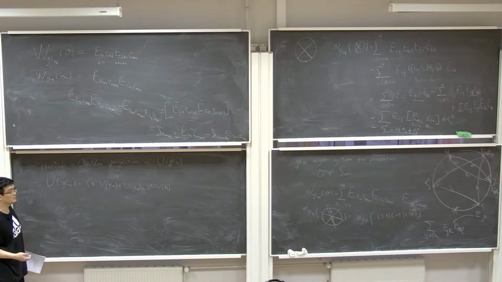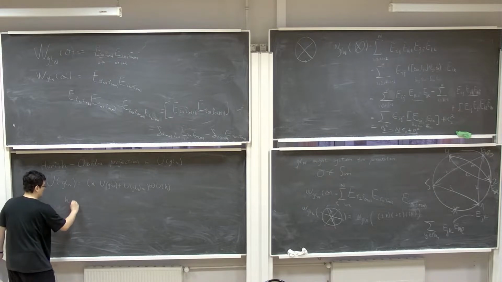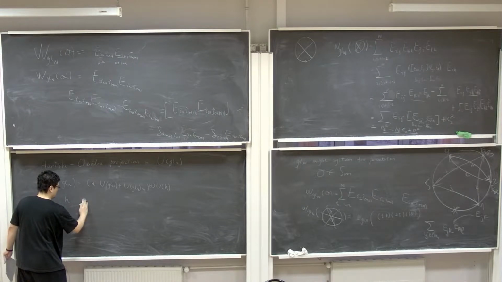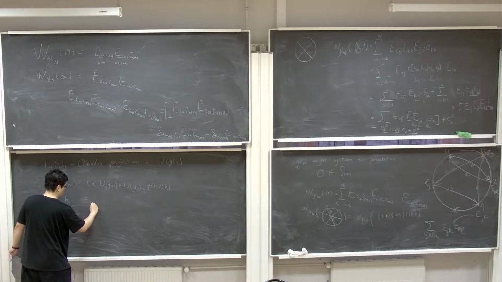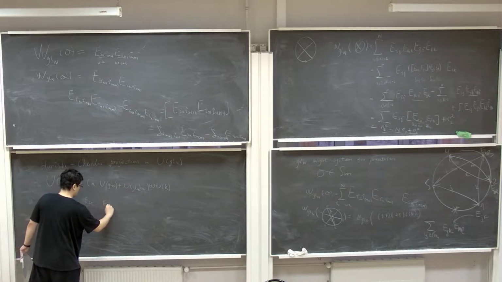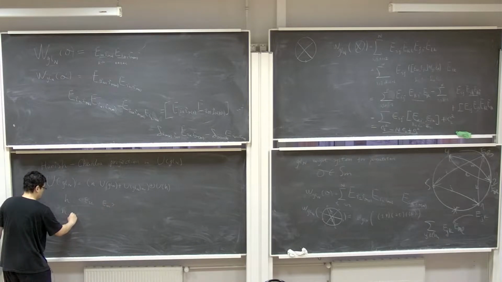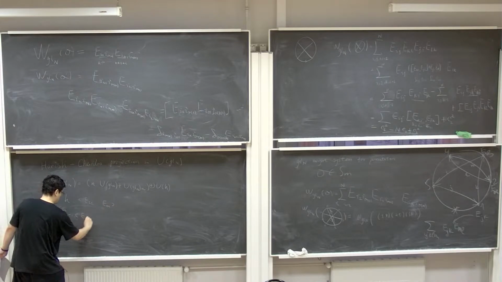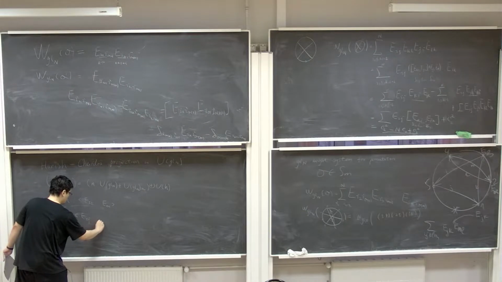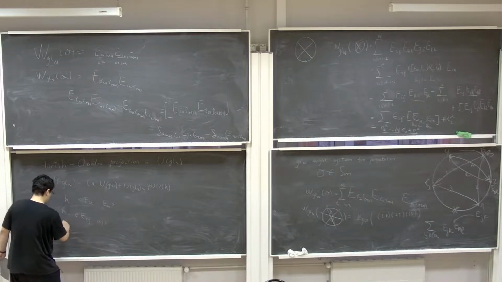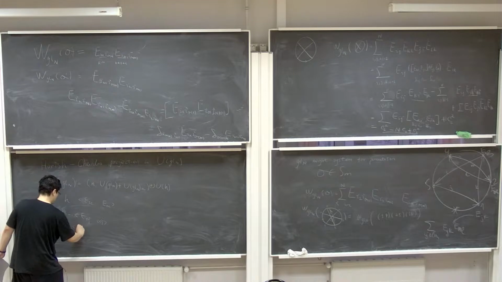H is the commutative subalgebra in U(GLN) generated by diagonal matrix units, the Cartan subalgebra of GLN.